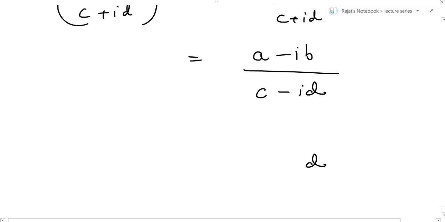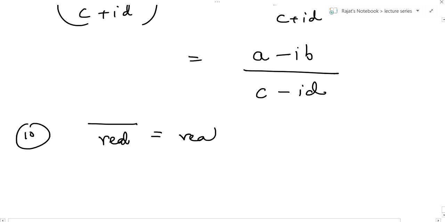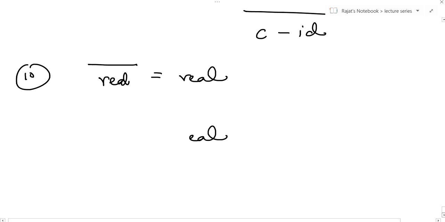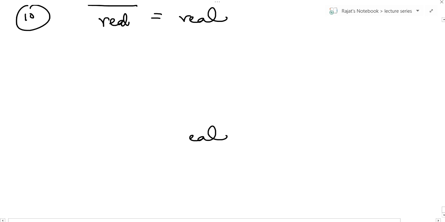Finally, the conjugate of a real number is the real number itself. And one more thing: if there's a complex number z, you take the conjugate and then you again take the conjugate, what will you get? You will get the complex number back.